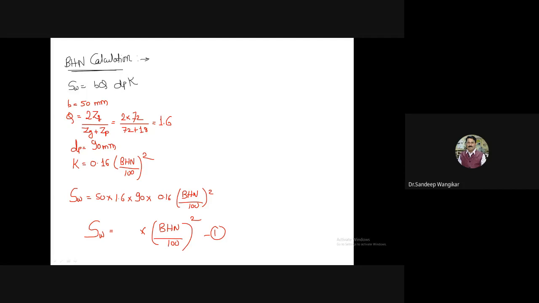Yes, W is equal to BHN divided by 100, that bracket square I have kept as it is. Just multiply the other things and tell me the value. 1152. Okay, very good.